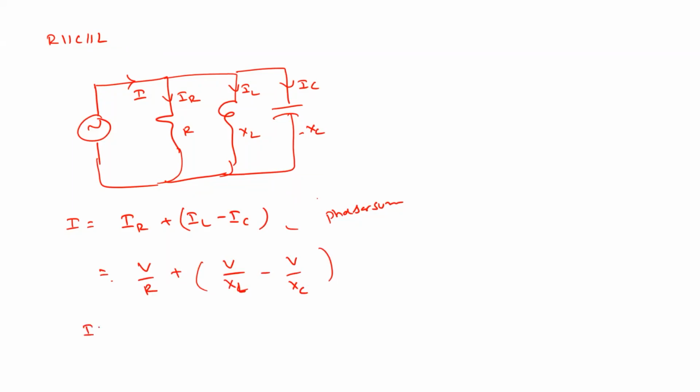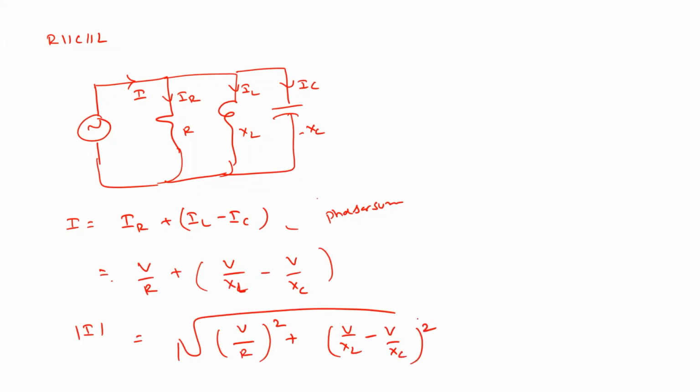So the magnitude of this I is square root of (V by R) squared plus (V by XL minus V by XC) squared. Right. So here also possibilities are there. Here two currents are there, IL and IC.